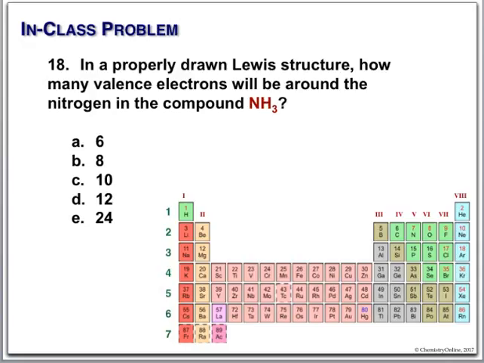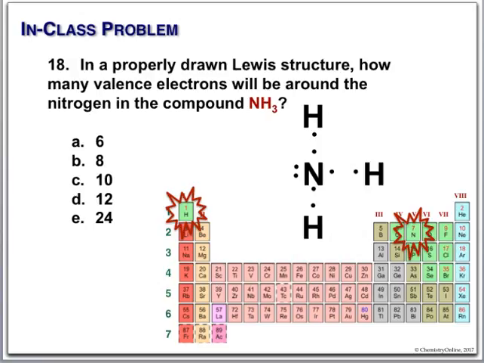Again, here's our periodic table. Nitrogen is in group 5. Hydrogen in group 1. We have 1 nitrogen and 3 hydrogens. 5 electrons around the nitrogen, because it's group 5, and 1 each on the hydrogens.